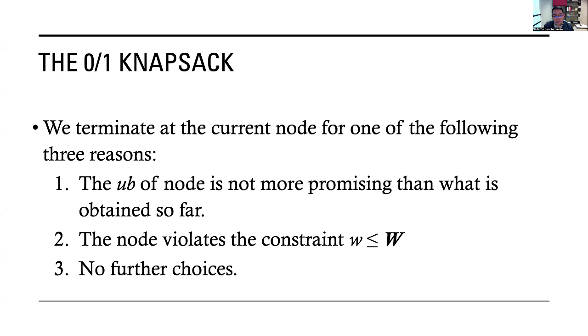And if the most I can obtain is not better than something else that I am promised in another node of the tree, it doesn't make sense because I already have something better, so I will just forget about it.